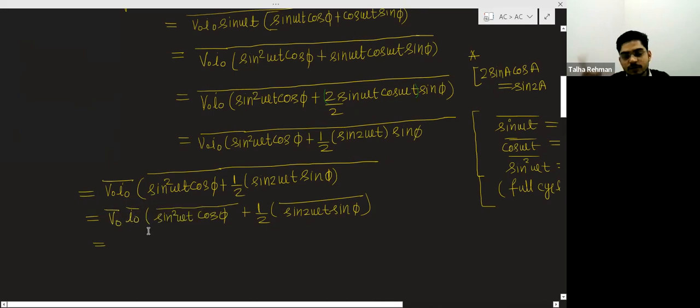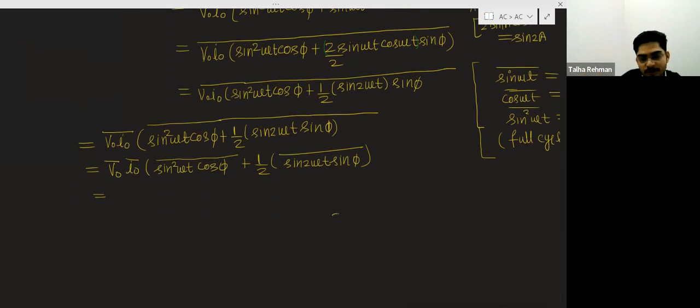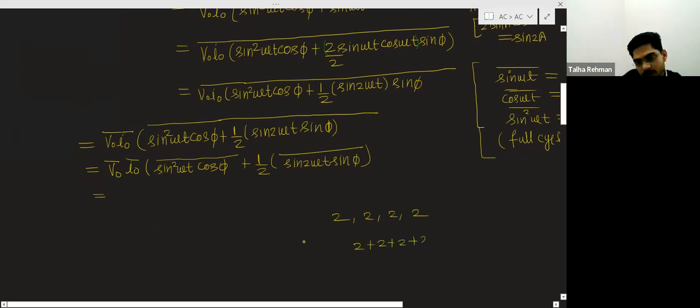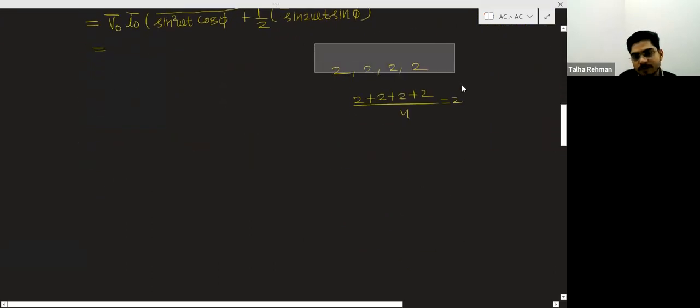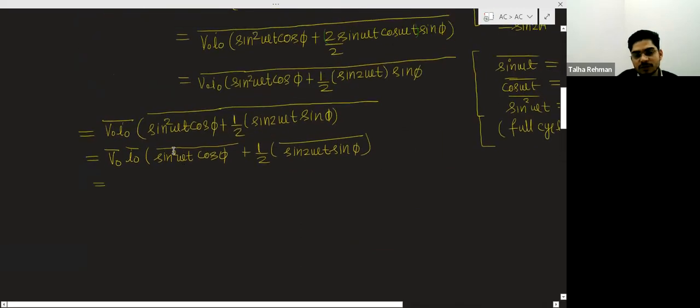And if something is constant and you are taking the average of that, for example, this 2 number is constant, suppose you have 4 twos and you want to find the average of 2, divided by 4, again you will get 2. It means the average of a constant is constant.